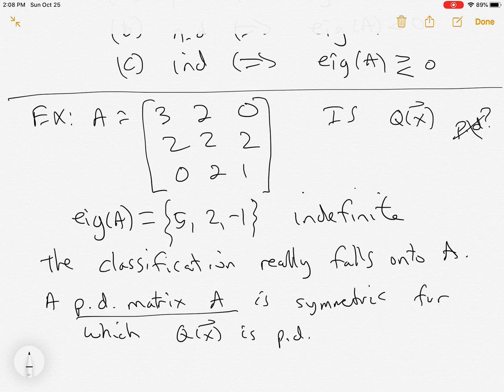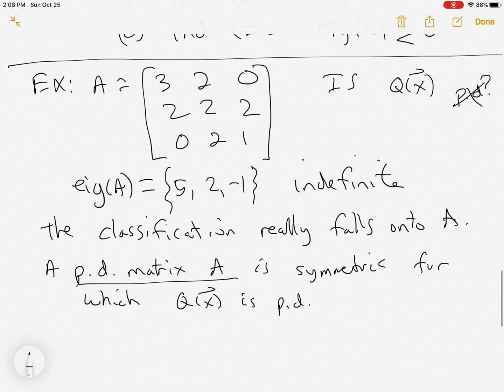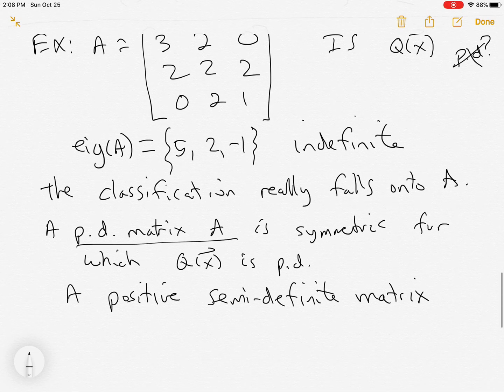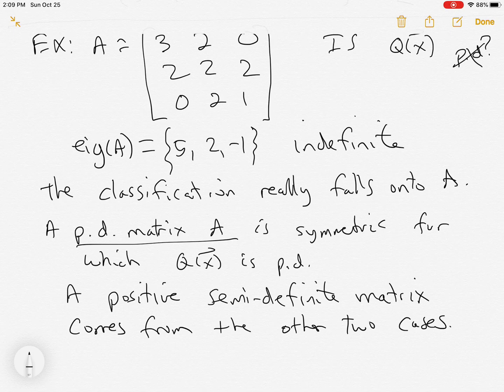And any of the other ones are positive semi-definite. So a positive semi-definite matrix comes from the other two cases. So you have positive definite and positive semi-definite.